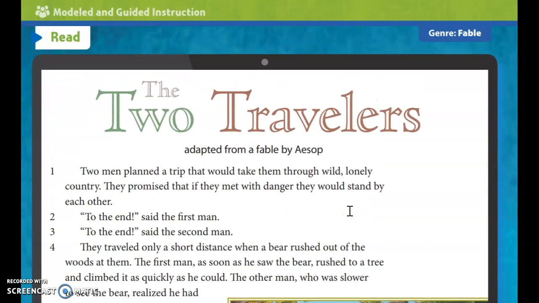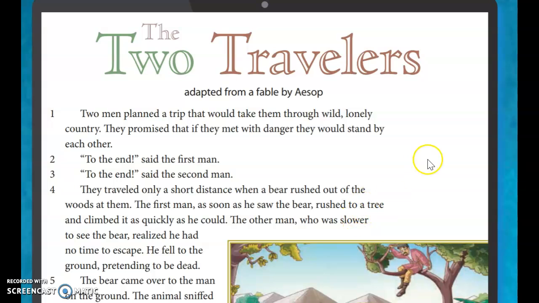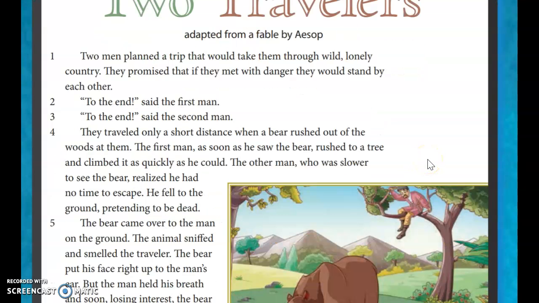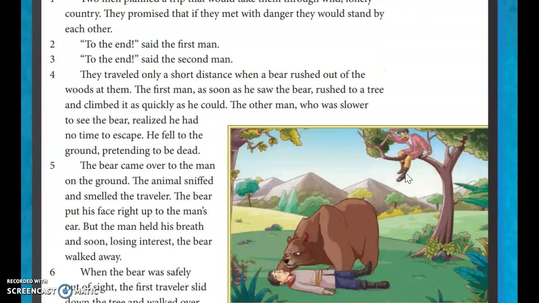So, we know that we're talking about theme, and theme is the lesson or the message that the author wants to send to you guys, the reader. And again, they don't just come right out and say it, but they give you details through our characters' experiences, and you have to use those pieces to determine the theme in this text.